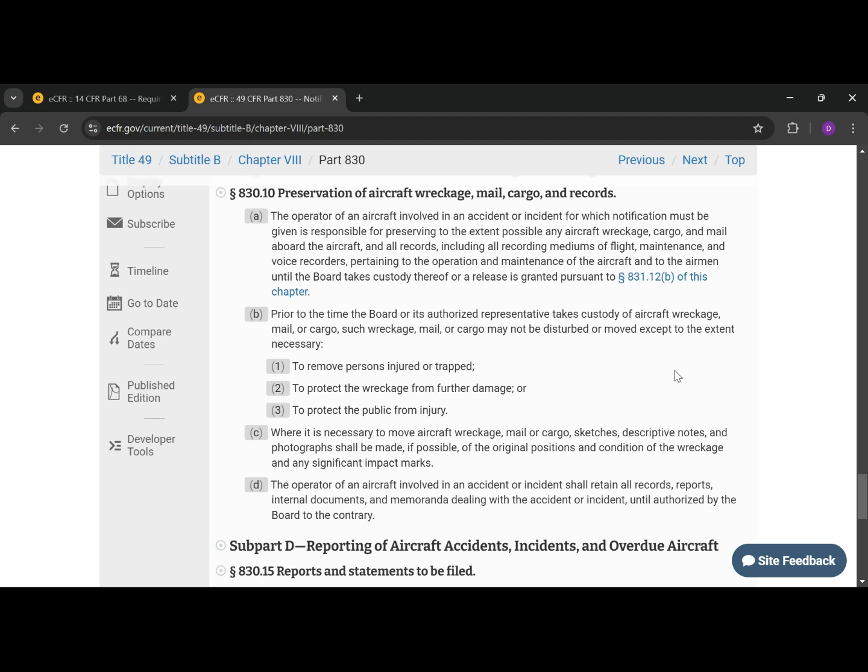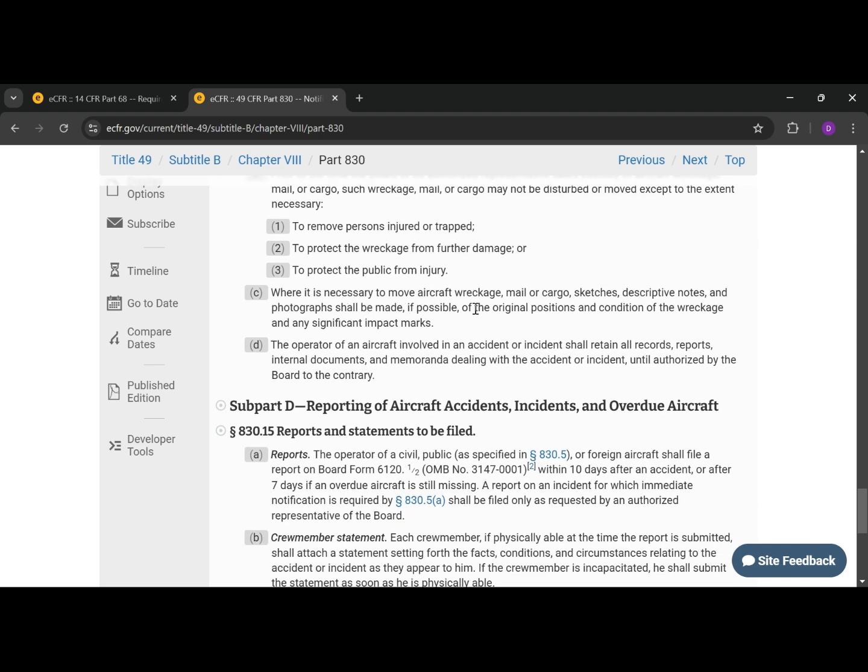So, while you have custody of that wreckage, you cannot disturb that accident unless it is necessary to remove persons injured or trapped, to protect the wreckage from further damage, or to protect the public from injury.